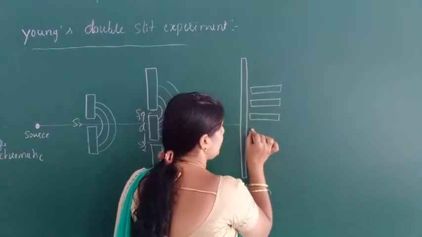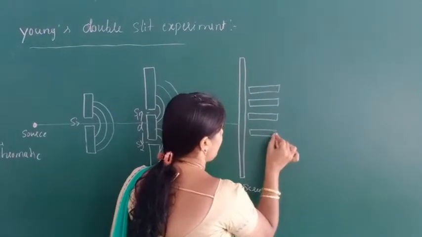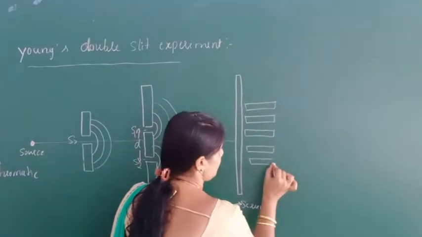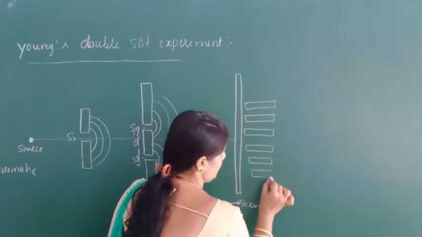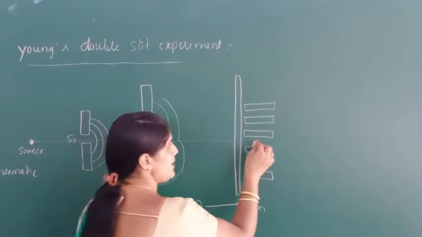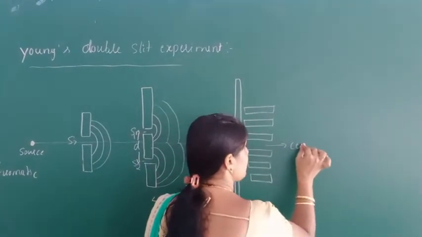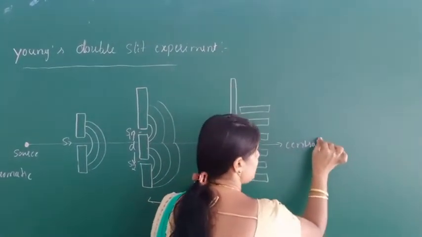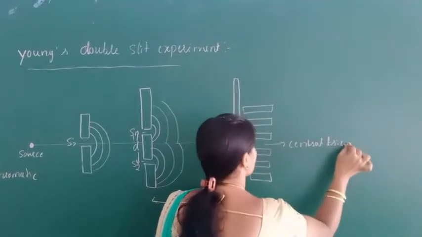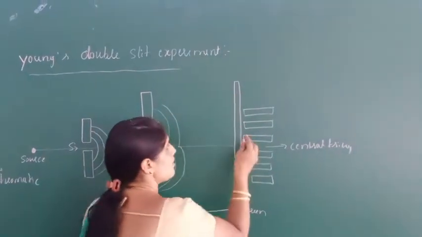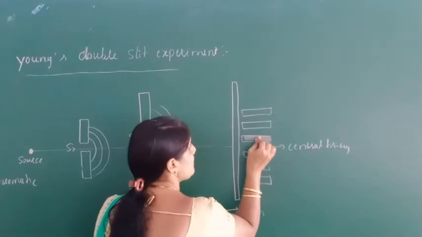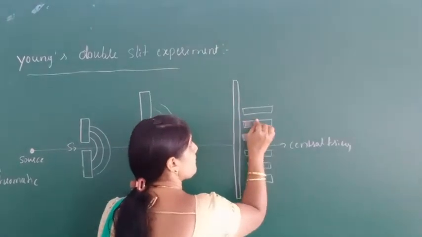You will get the interference pattern like this. This is the central bright fringe. These are known as dark fringes.